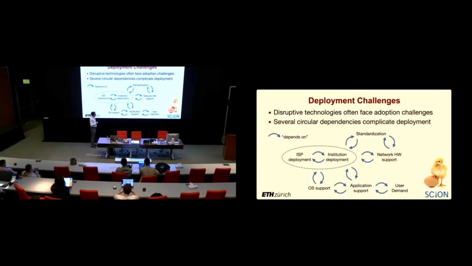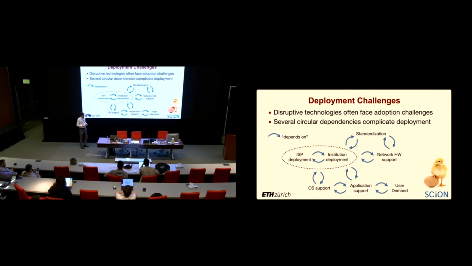There are also additional circular dependencies like network hardware support. So when you go to hardware vendors and you say, please implement this, they obviously say, well, where is it being used? And similarly, when you talk to ISPs, they also say, well, which network vendors actually implement this?